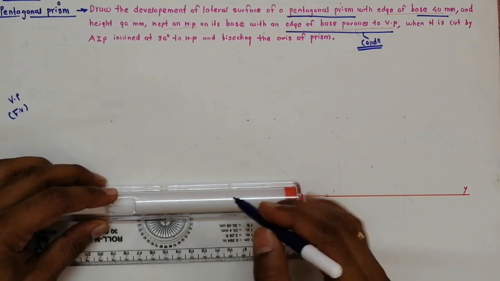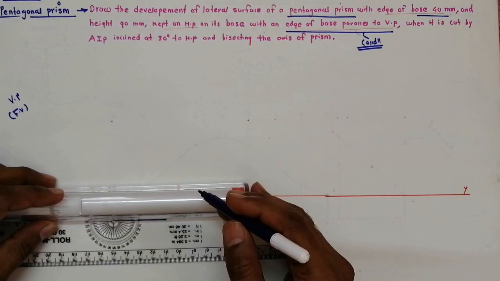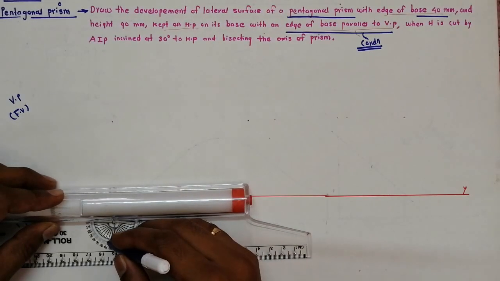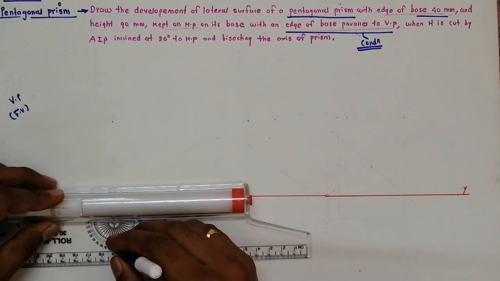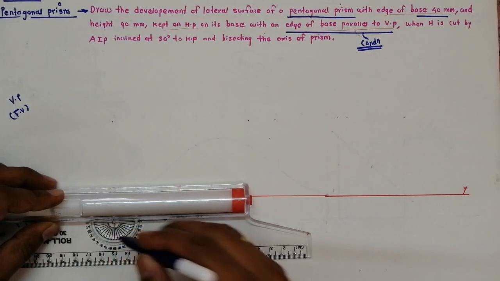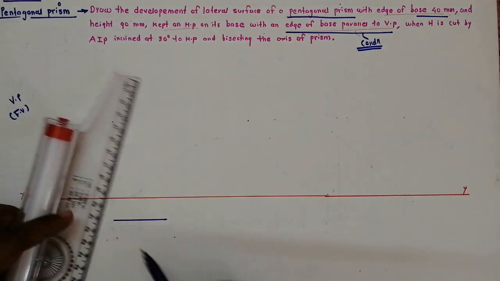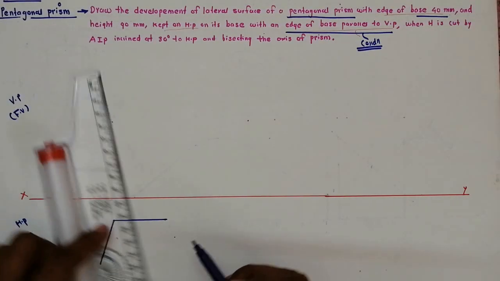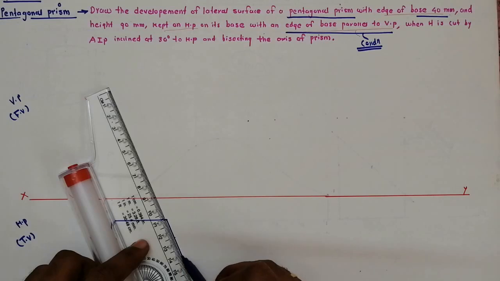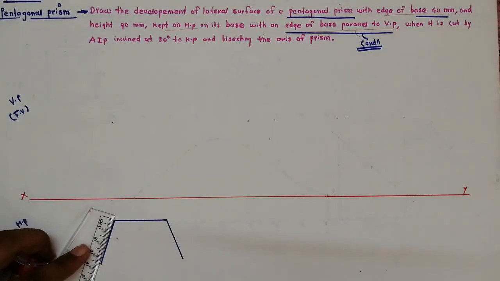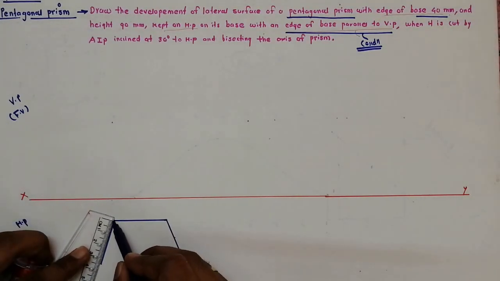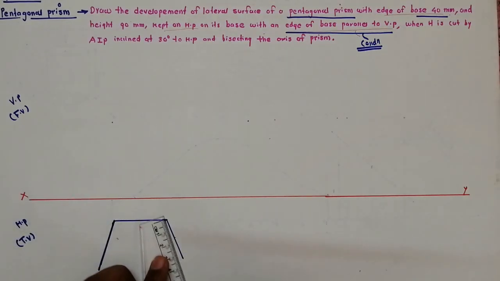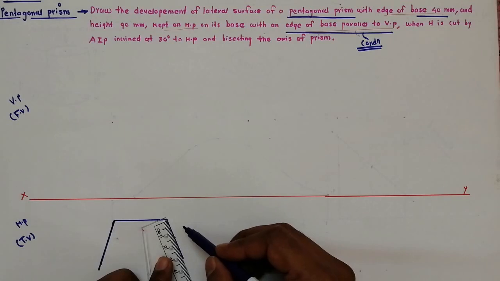So this is 108 here, and 108 here. Here we have to take this also 40. This is also 40.